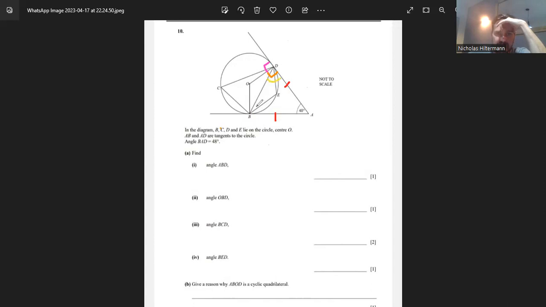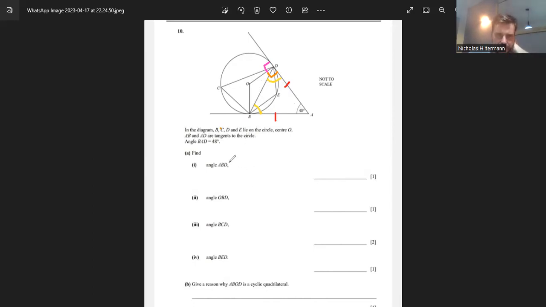These two angles in yellow would be the same because you've got an isosceles triangle now. You know that that's 48. And then from there you could get this angle because you've got a cyclic quad here. But yeah, there's a lot of things you could get.